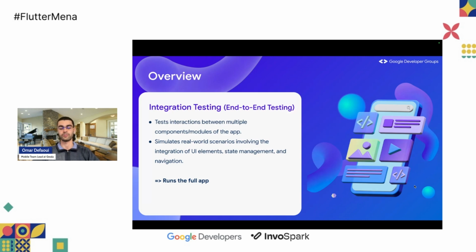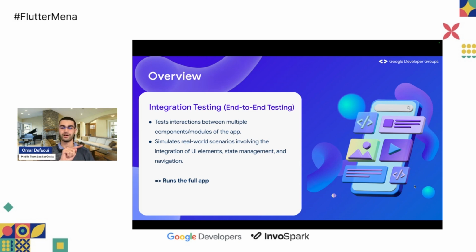So if we want to have a clear idea about what integration testing is, I will do a quick comparison with the widget test that we just saw with Mr. Islam in his session. So let's say we have an e-commerce application, and the first screen, of course, is the login screen. And in this screen, we have a login button.